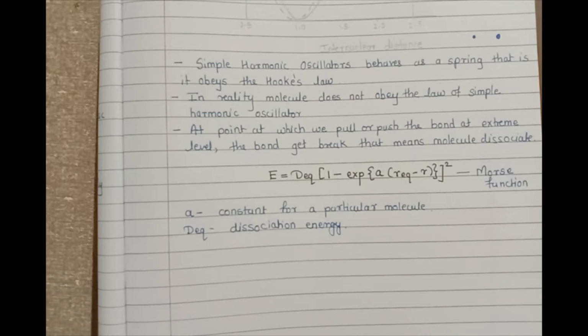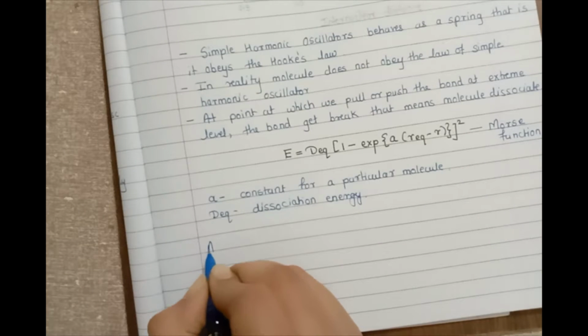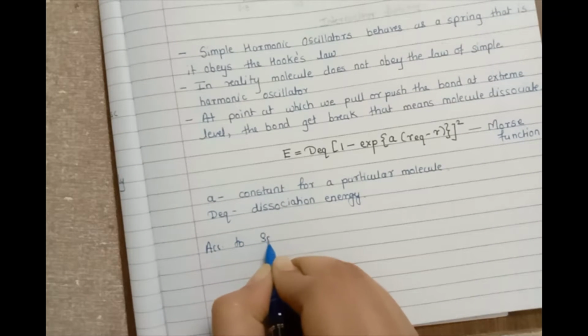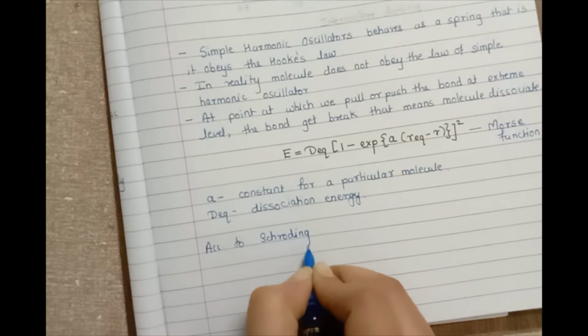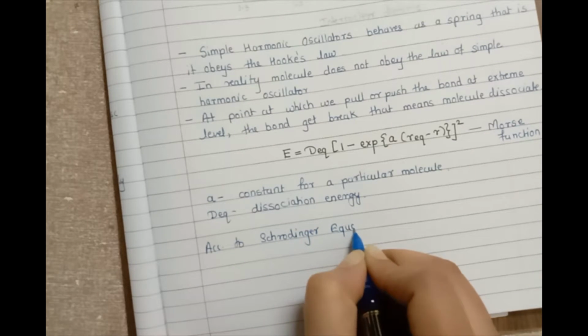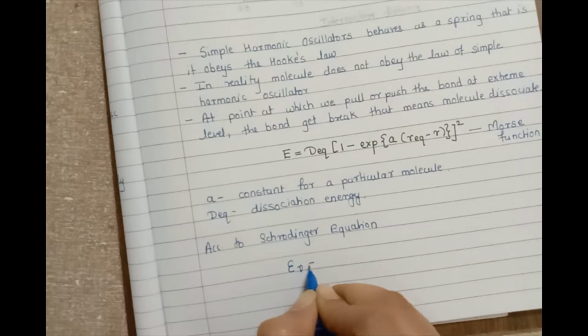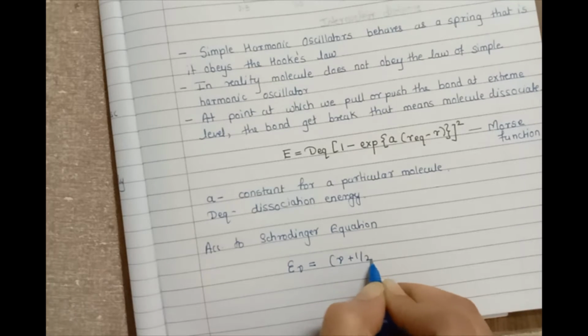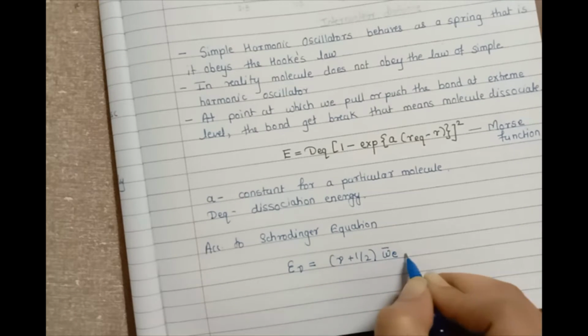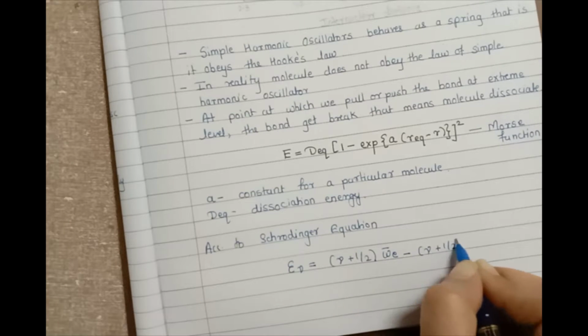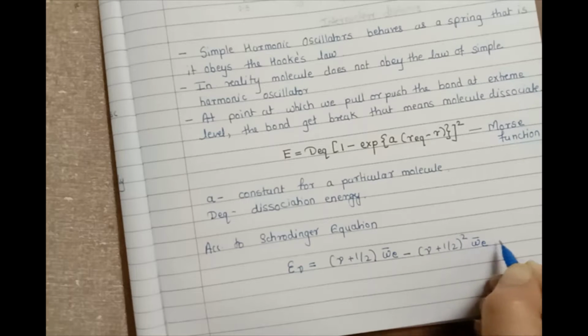Now, as we have considered that the molecule rotates, we are now studying the vibrational energy levels. According to the Schrodinger equation, the energy for the anharmonic oscillator is given as epsilon nu equals (nu plus 1/2) omega e bar minus (nu plus 1/2) squared omega e bar xe.